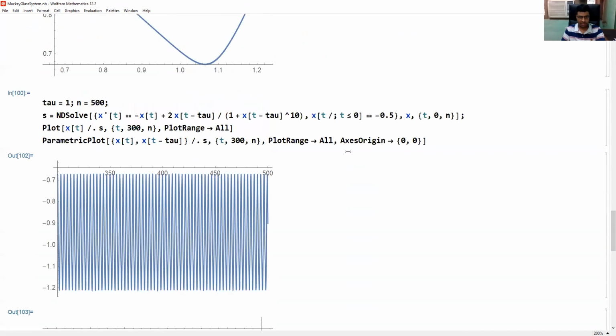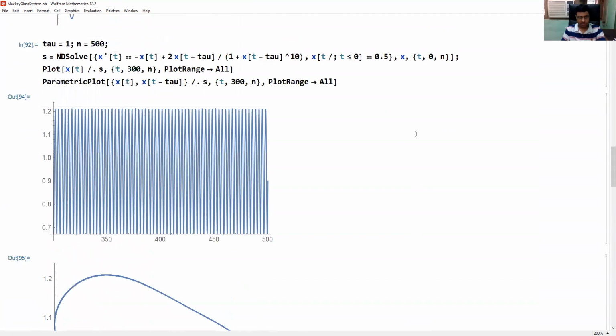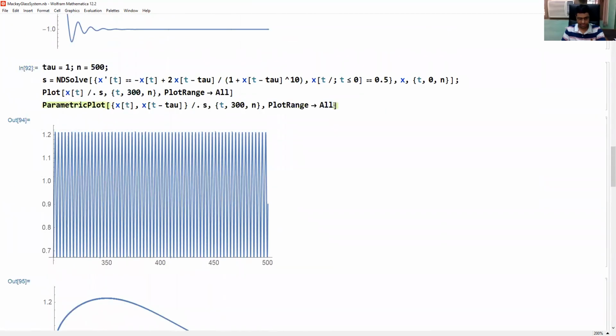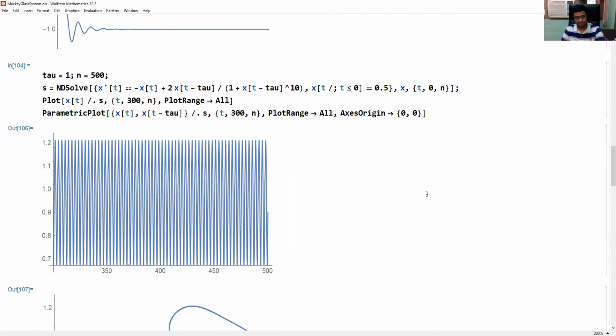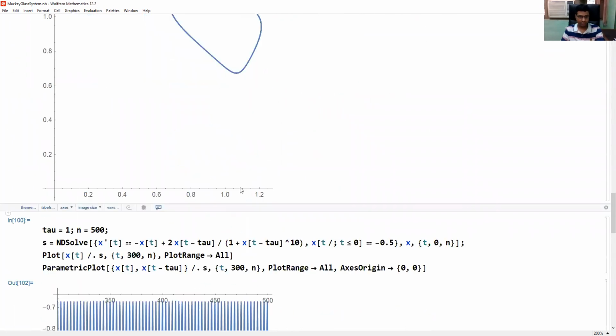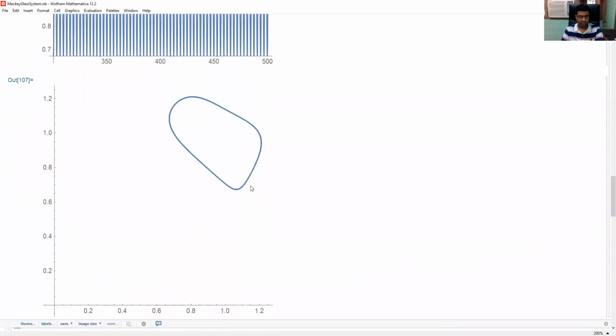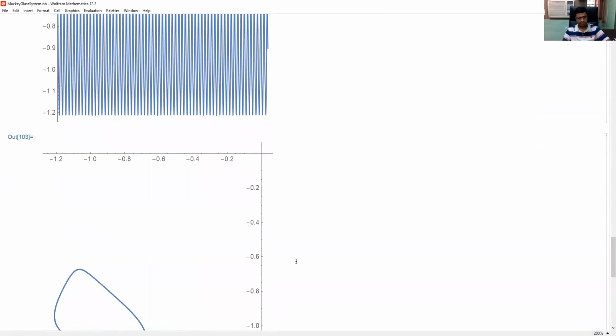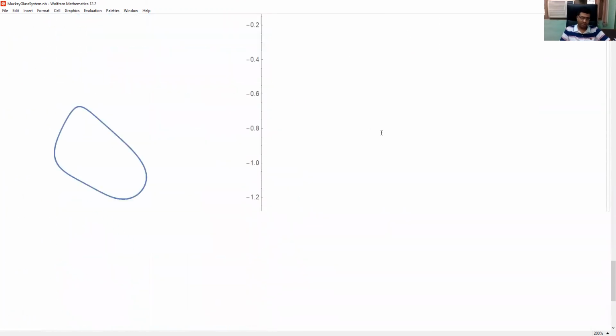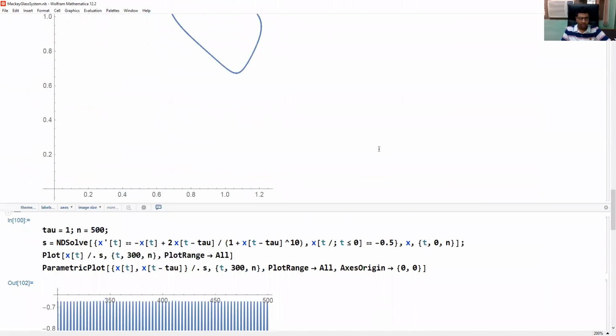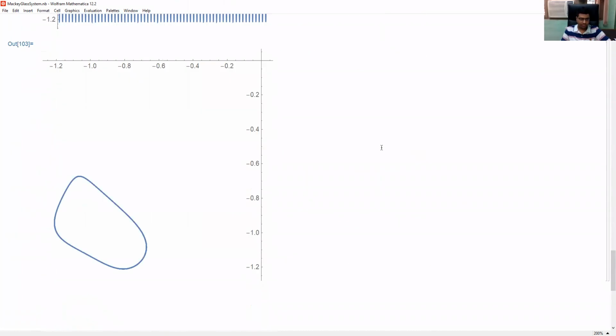And if we do here also, possibly these are mirror images. So this is for initial condition 0.5. This is for minus 0.5. These look like mirror images, or something like that.